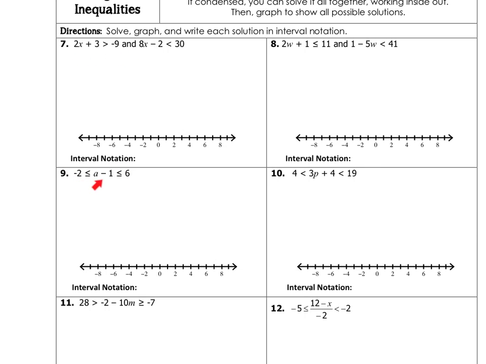Instead of writing the "and," it has written it out slightly differently. So here we'll solve it a little bit differently, where we solve the inside for both the left side as well as the right side. Okay, so I'll do number 7 and number 9 for you, and then I'll show you the answers to 8 and 10, and you should be able to work the rest.